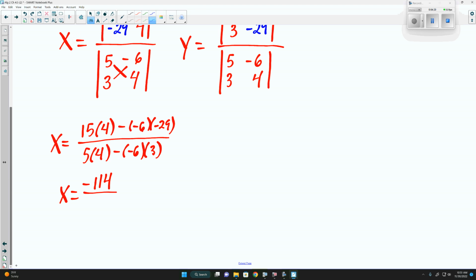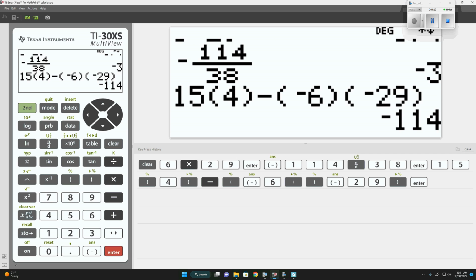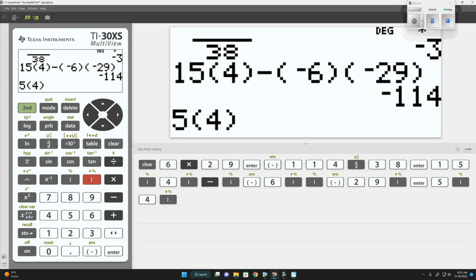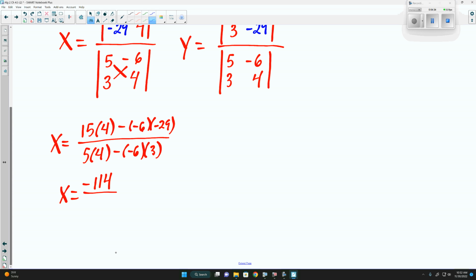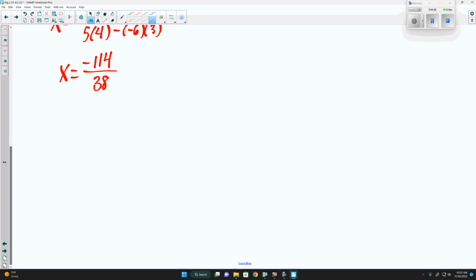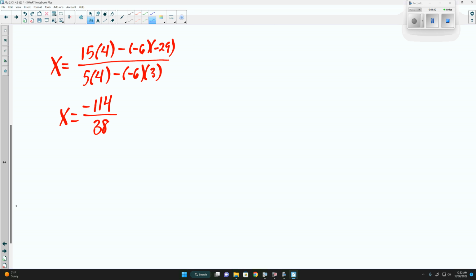We can do the same with the denominator: 5 times 4 minus -6 times 3, which is 38. And then we can divide those and get -3.